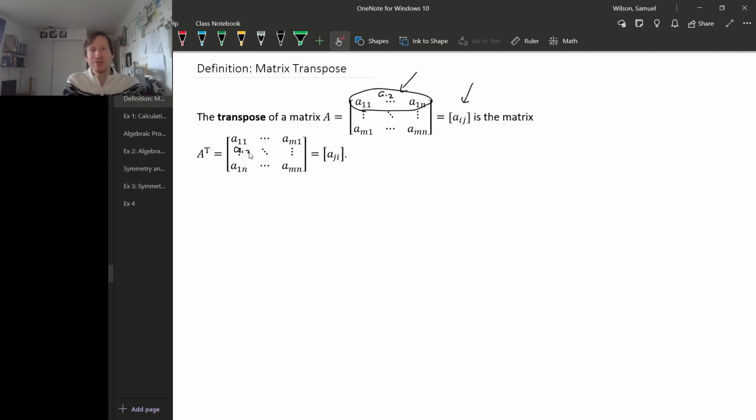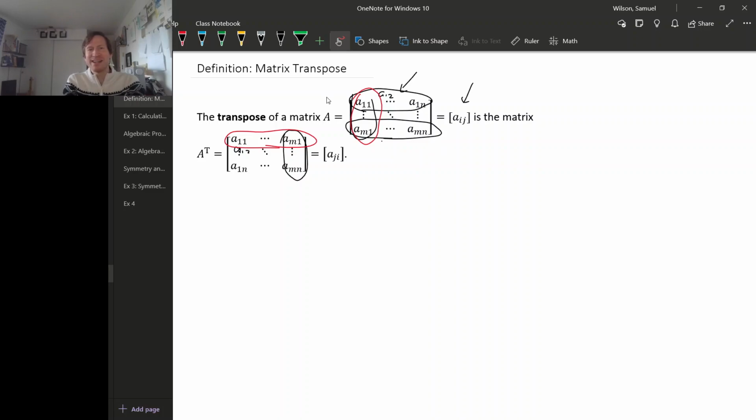So a12 down to a1n in the first column, and then the last row becomes the last column. So what was a row for the original, when you take the transpose, turns into a column. Of course, what was a column, here's the first column in A, turns into the first row of the transpose. So the matrix transpose just switches rows and columns.